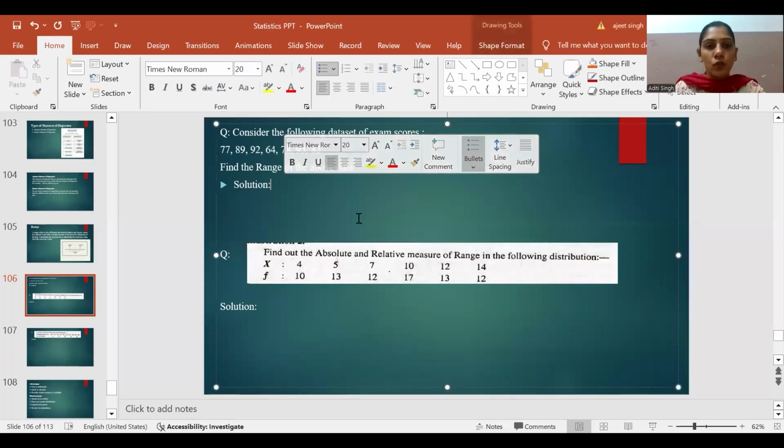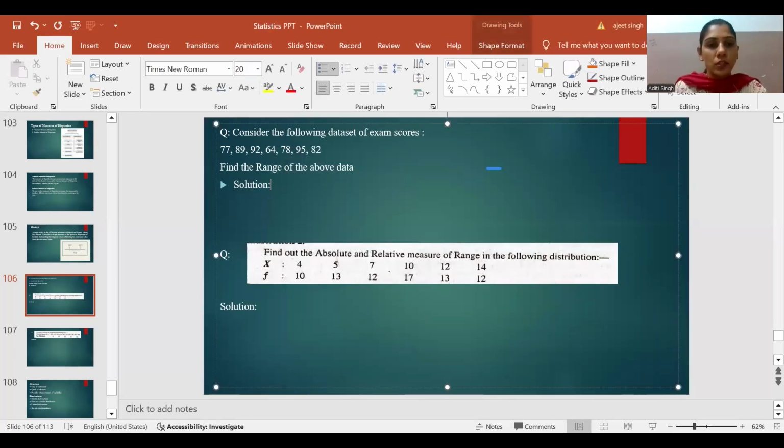Let me explain this question once again. Range is equal to the largest value minus the smallest value. The largest value is 95 minus the smallest value 64. What will be the answer? 31.